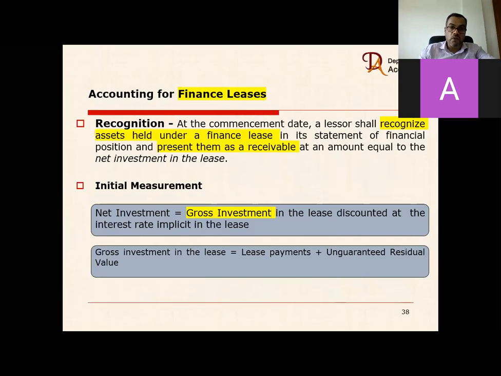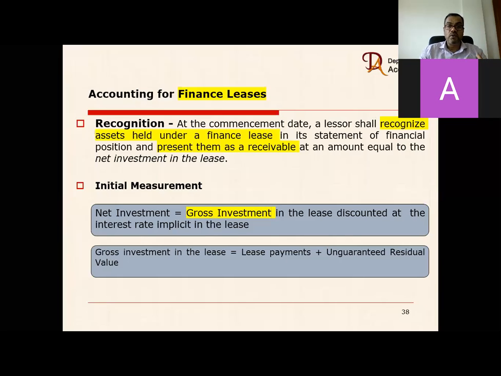This lessor has to pay 450. That is his asset held in the finance lease, 450. But the 450 is now converted immediately to a receivable.